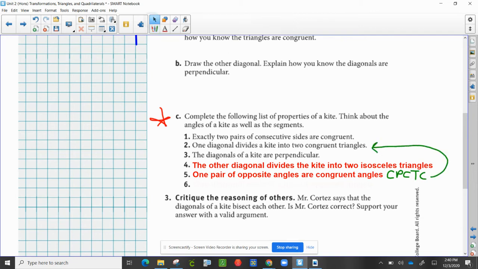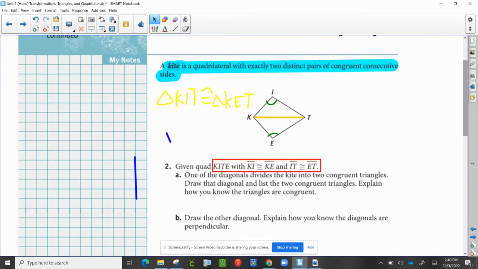Okay. The last property we know about kites is that one diagonal bisects a pair of opposite angles. So if we look at this diagonal here, KT, it's going to bisect angle K and it's going to bisect angle T. So this angle gets bisected, and so does angle T. Similarly, our other diagonal here would also bisect these angles.